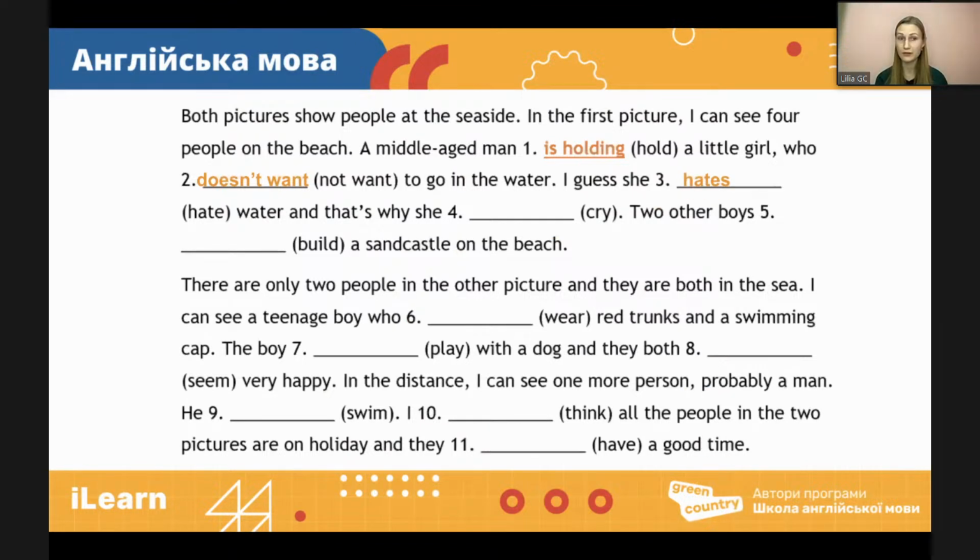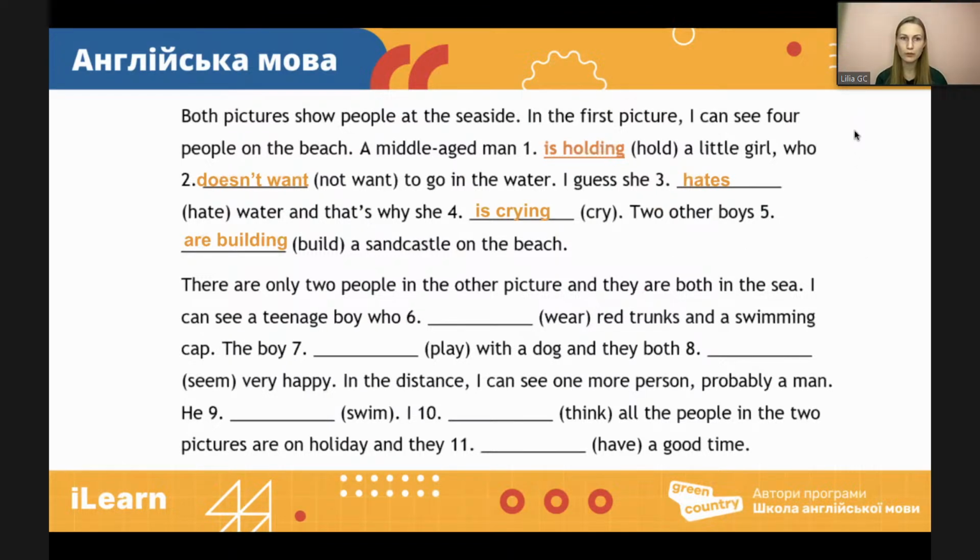She hates water, and that's why she, number 4, she is crying, active verb, so we can use it in continuous. 2 other boys are building, good, a sandcastle on the beach.